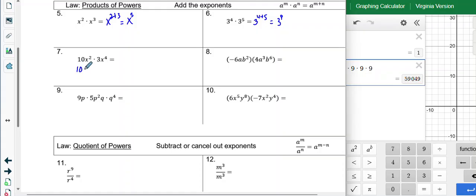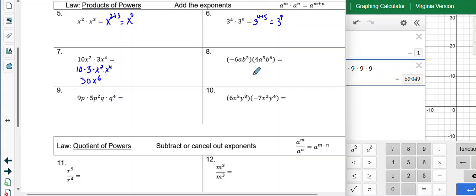So this is 10 multiplied by 3, I'll simplify it in just a second, times x squared, and then you have your x to the 4th. Here you would multiply these two: 10 times 3 is equal to 30. And then remember the exponents get added to each other. So it's 2 plus 4, which is equal to 6. And that's my final answer.